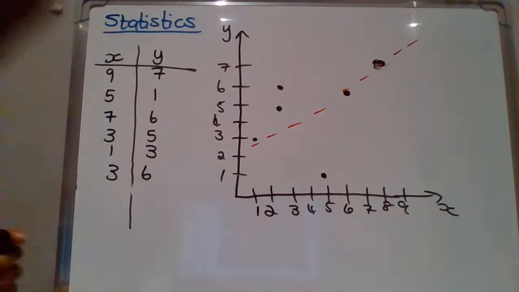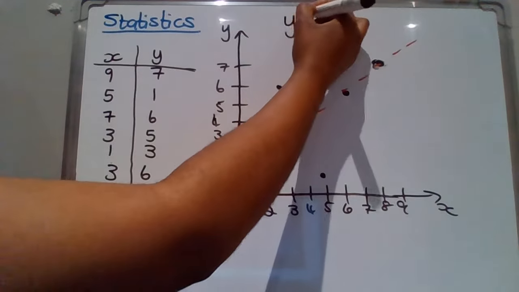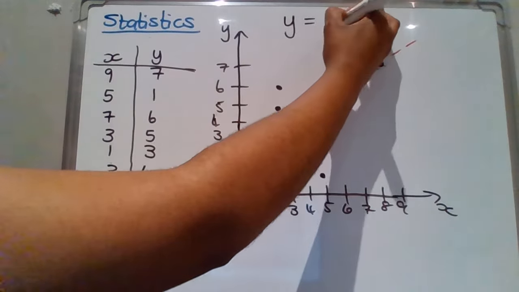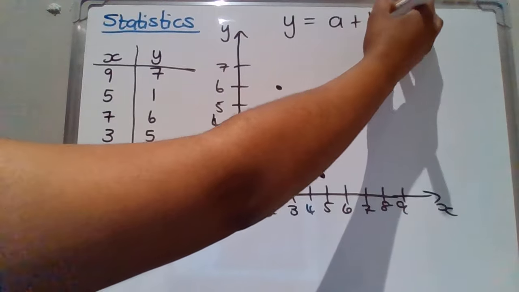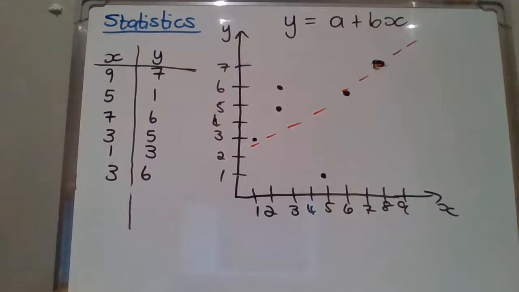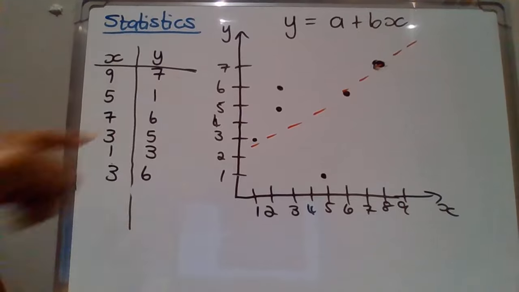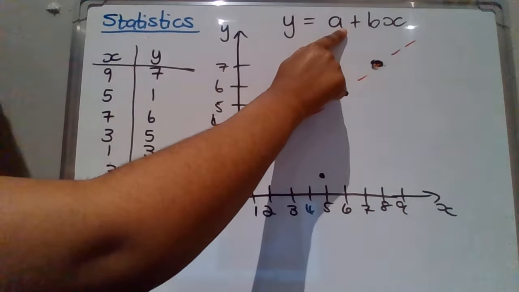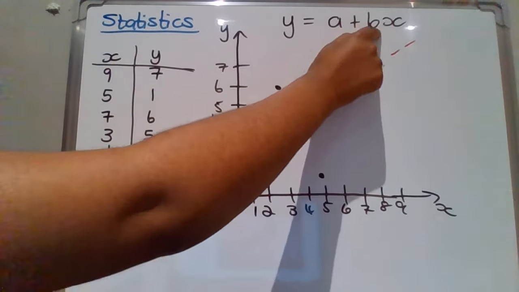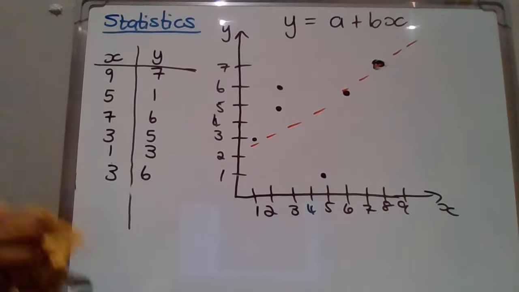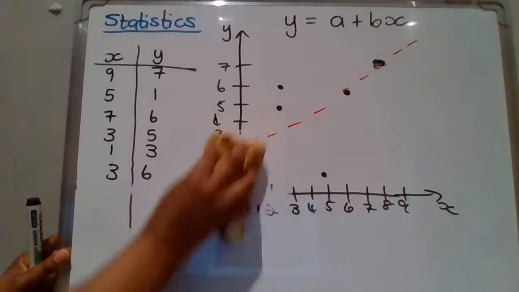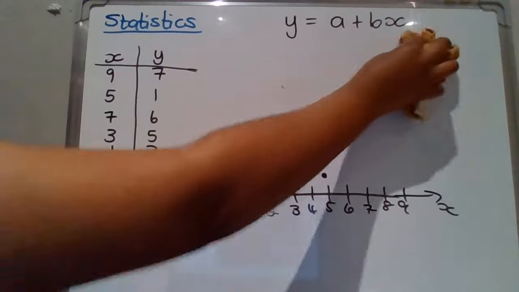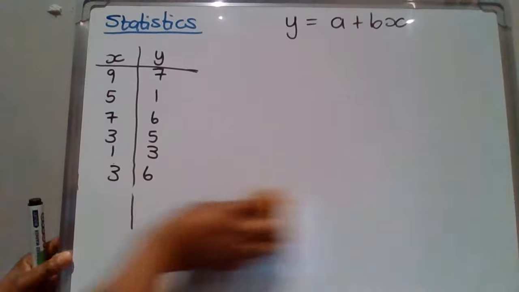We know that the line must be y equals a plus bx. And with that, there's a formula for how to find a, and a formula for how to find b. So let's just quickly write down the formulas.